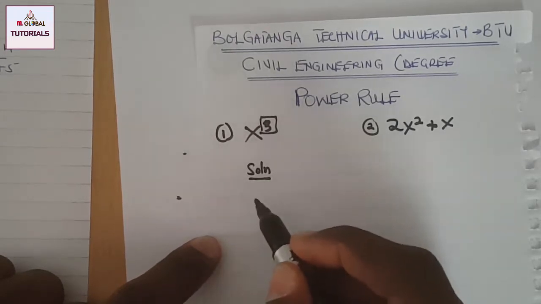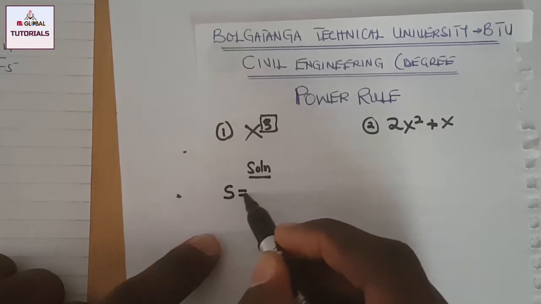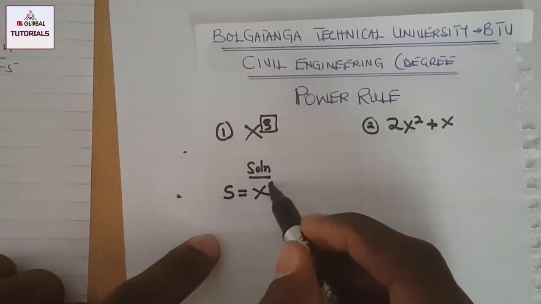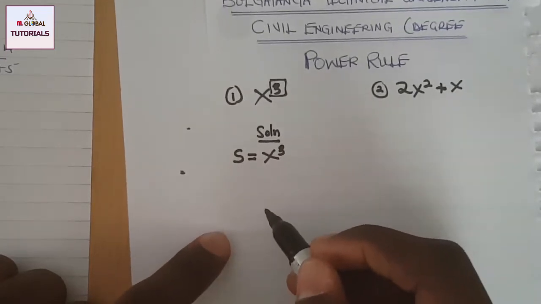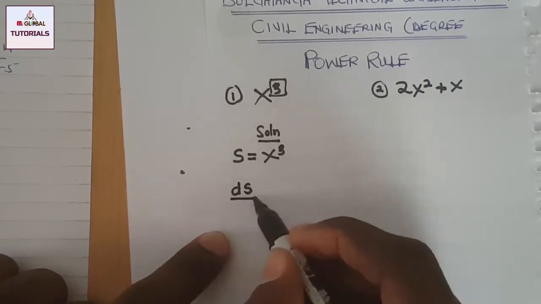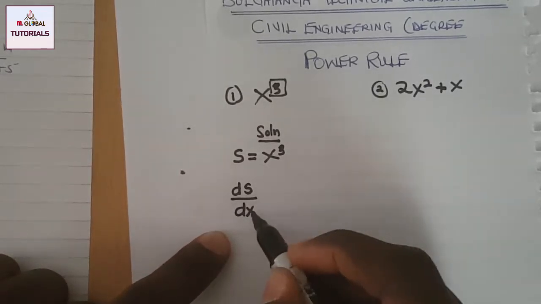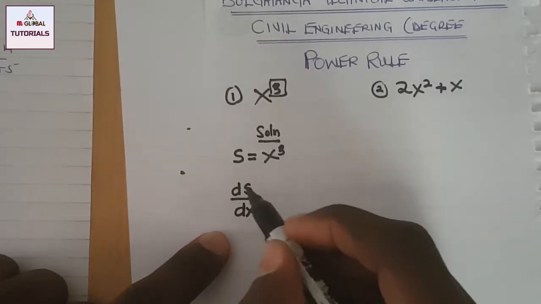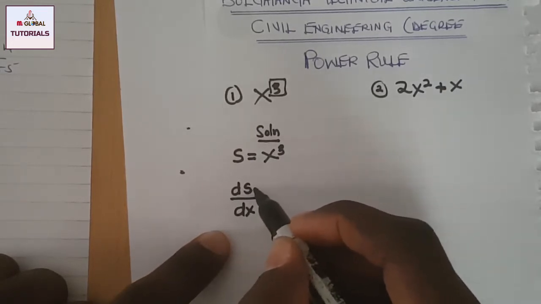What is the function? Let's take s is equal to x cubed. To differentiate, we write ds over dx. Our x is the independent variable, and s is the dependent variable.